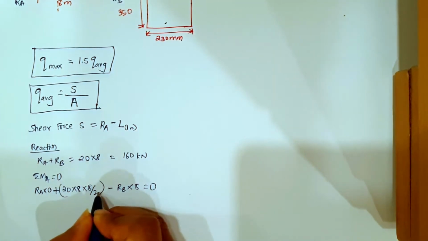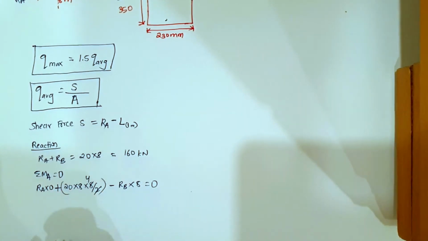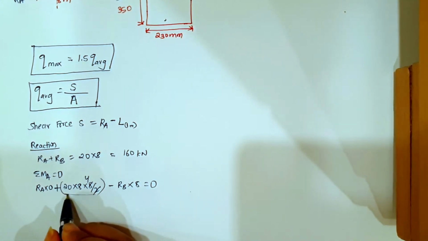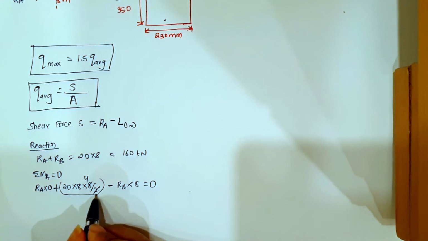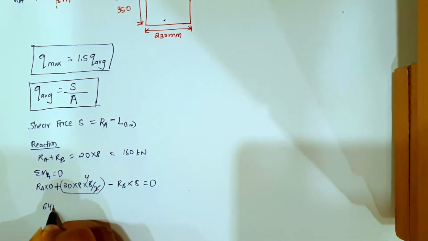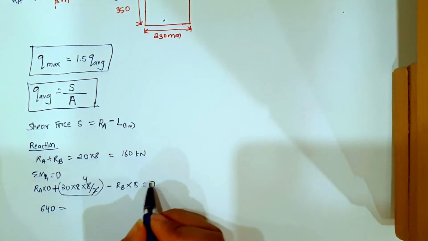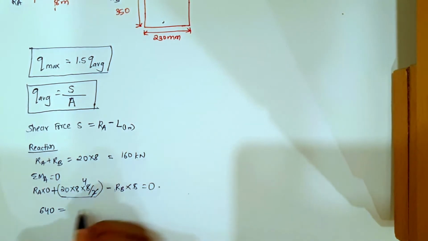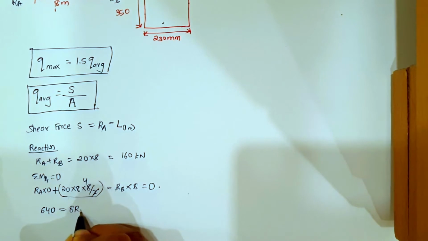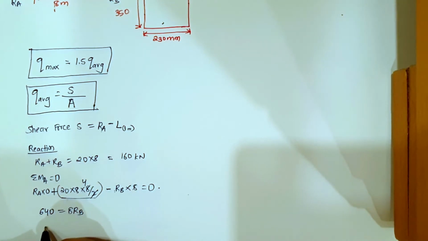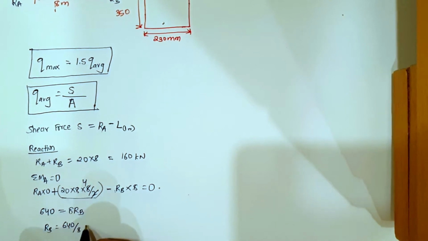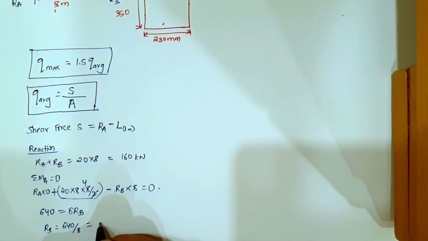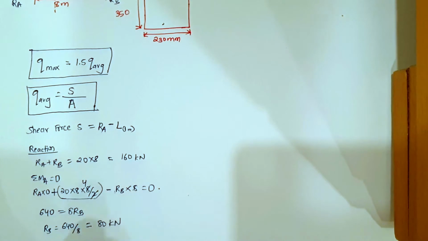Now if I cancel this, it will be 4, right? So if I multiply all these values, I get 640 equal to 8 RB. So RB will be equal to 640 divided by 8, which is 80 kilonewton.